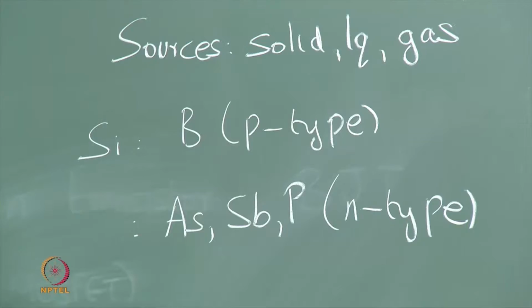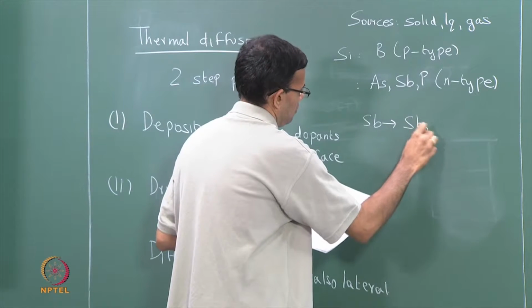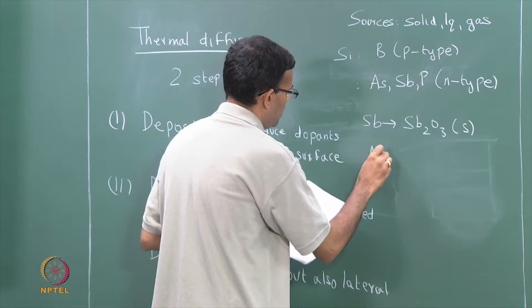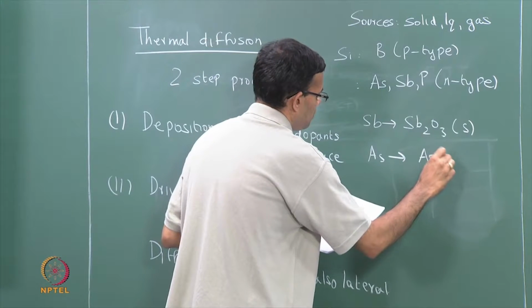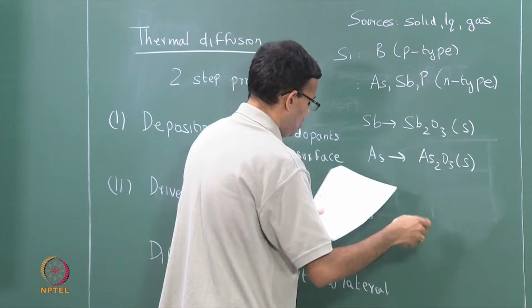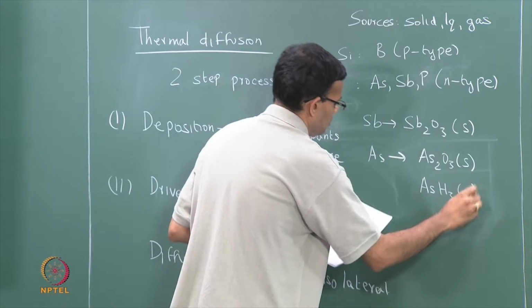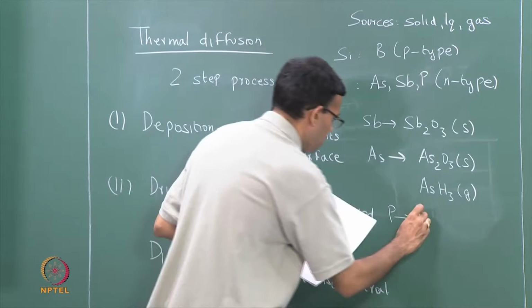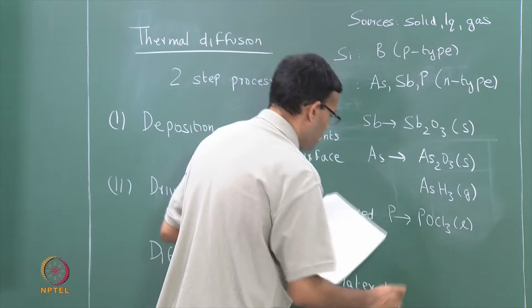For these elements, we can have different types of sources. For example, if you have antimony, you can have a solid source, Sb2O3, which is a solid. For arsenic, you can have a solid source, As2O3, or you can have arsine gas, which is AsH3, a gaseous source. Phosphorus, you can have a liquid source, POCl3, which is a liquid.